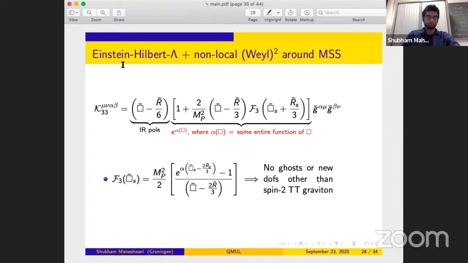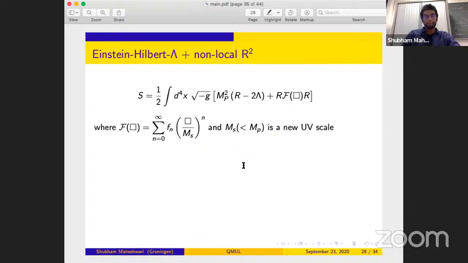And for an Einstein-Hilbert plus non-local Weyl squared around maximally symmetric spacetimes, this is the form of the function that you need to have such that there are no new degrees of freedom or ghosts other than the usual spin 2 traceless transverse graviton. Another example is, instead of taking a non-local Weyl squared, you can take non-local R squared.